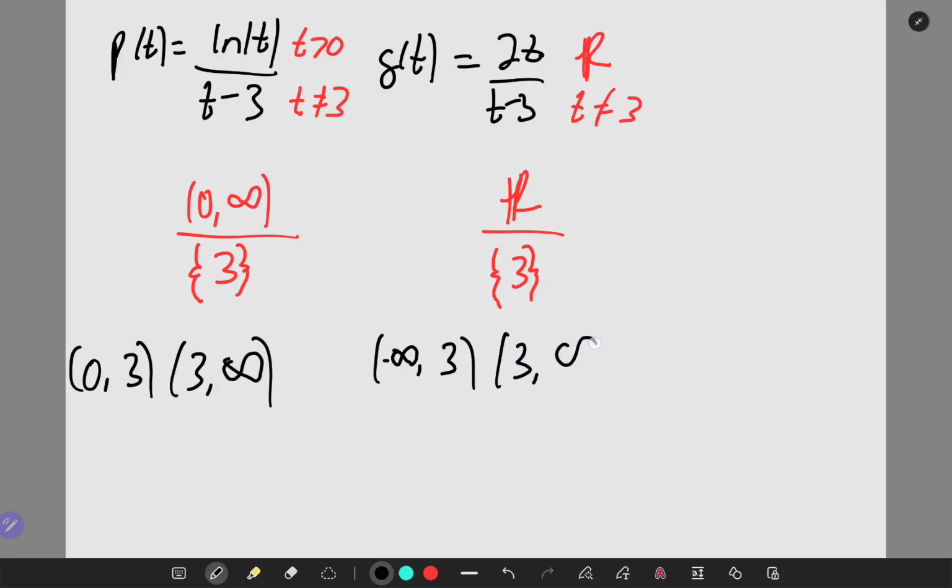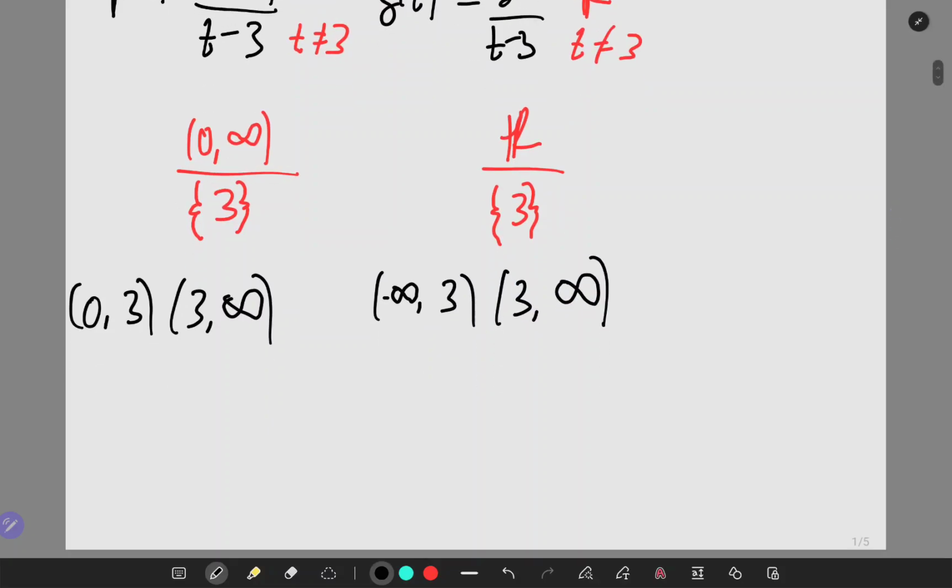It should be the same thing for this one here. Sorry. So now, comparing these 4 intervals that we have here, which ones are continuous for both? Instantly we can see these two here are continuous for both. And we also have from 0 to 3, which is part of this interval right here, and this one here.